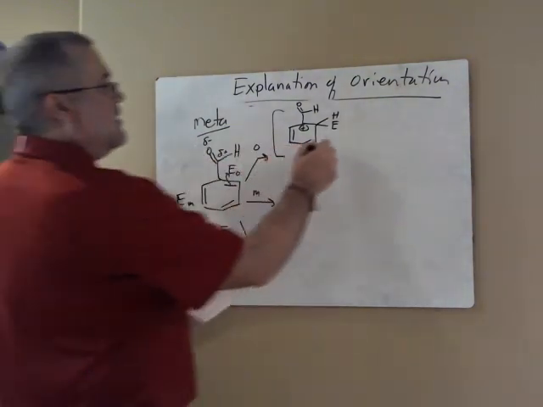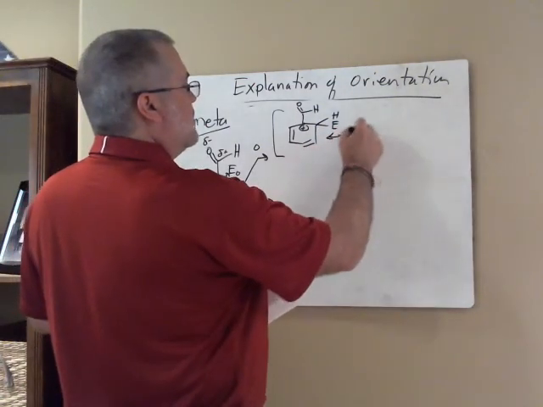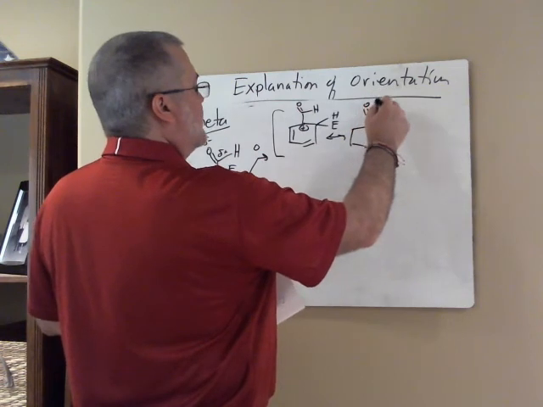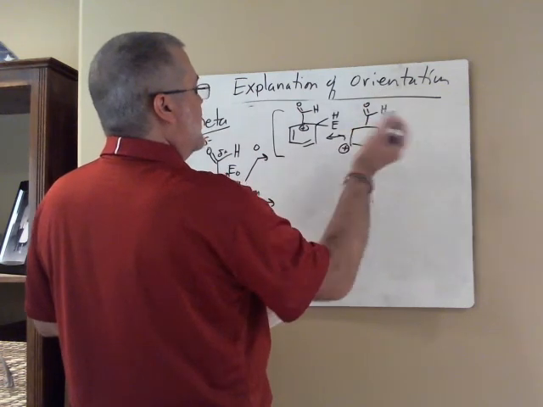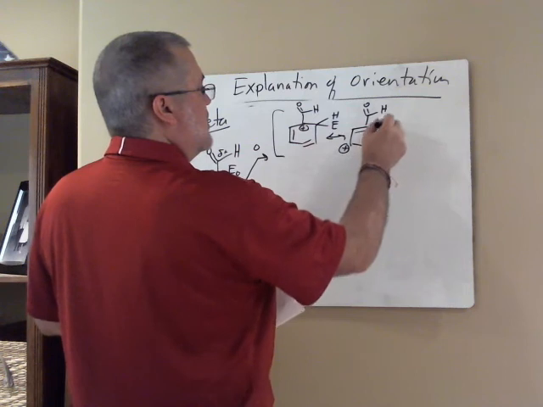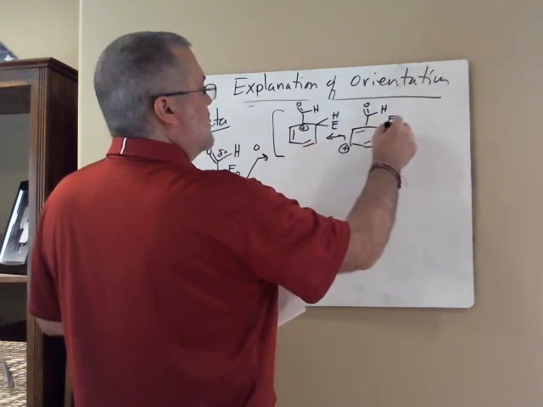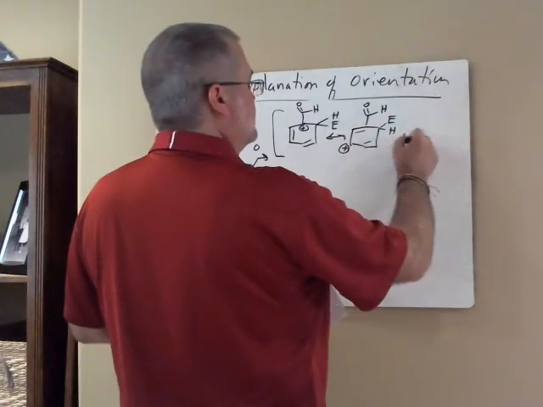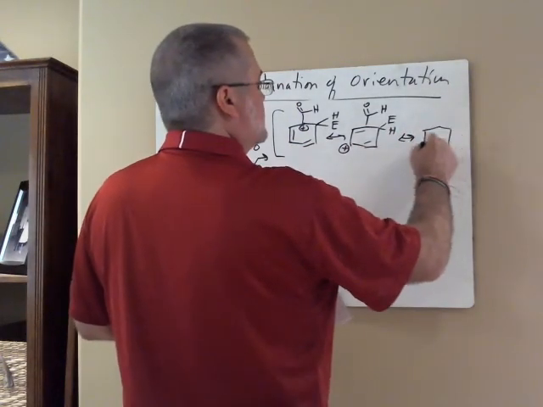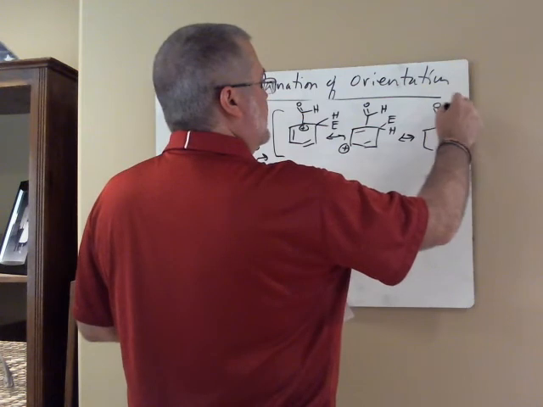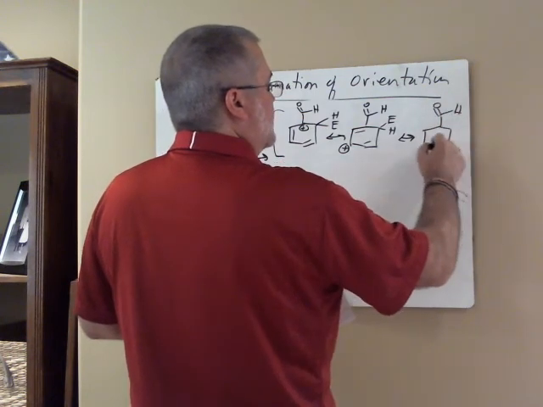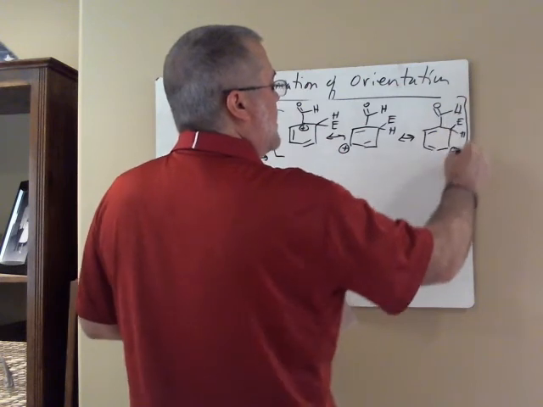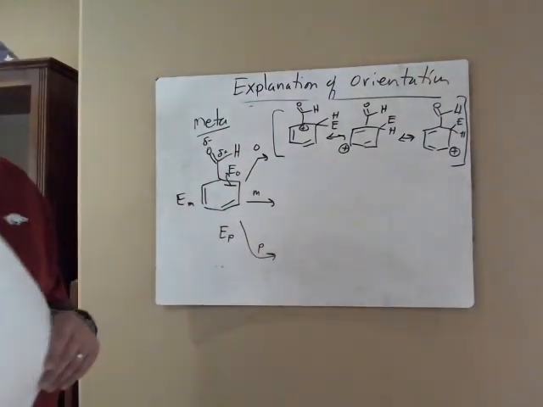So I form this intermediate, and then I can again draw the two other resonance forms for this intermediate, where the plus goes there, and I have my electrophile and H there, or I can draw this third one where the plus charge goes there. And so I have those three possible resonance forms.